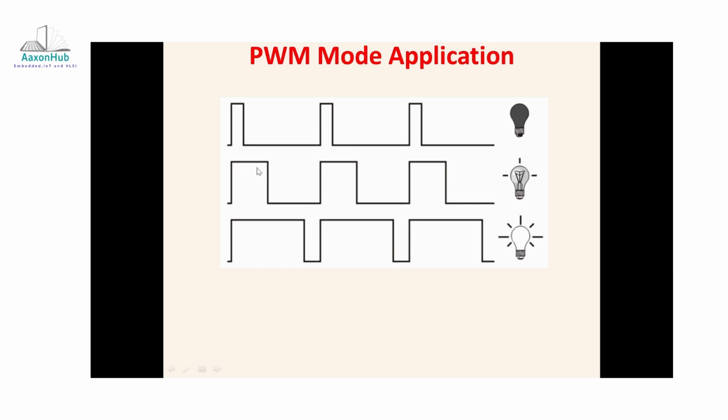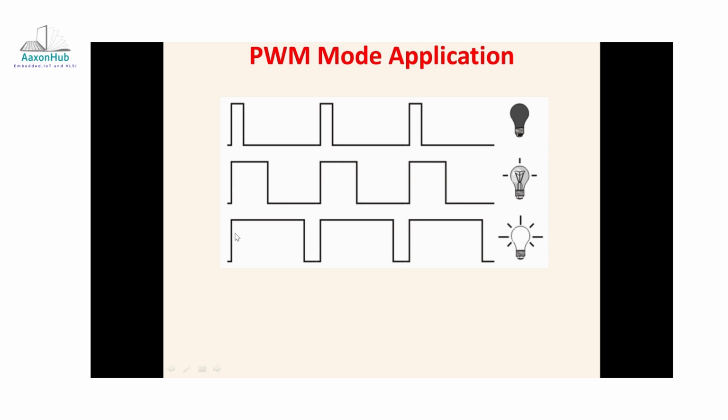Here the on period and off period are equal. So you can say that this lamp will be turned on for X time delay, and it will be turned off for the same time period. So on period and off period are the same under this mode.